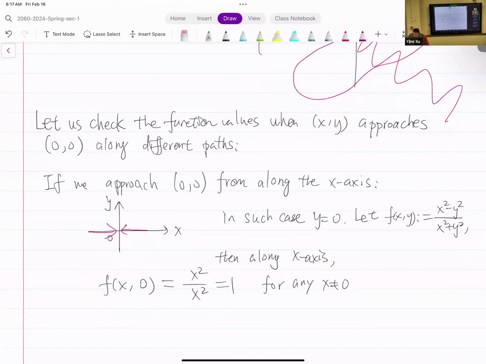Hence, as the pair approaches the origin along the x-axis, f of xy approaches 1. Okay? So now this is like a really basic direction, right? So that's good.